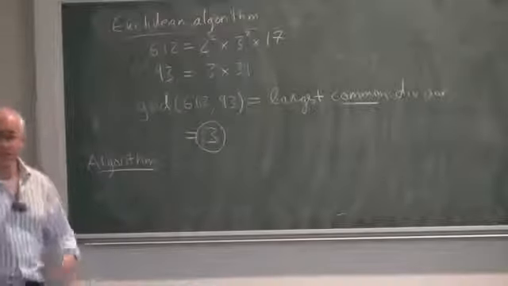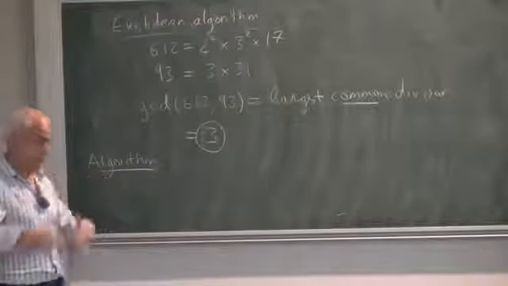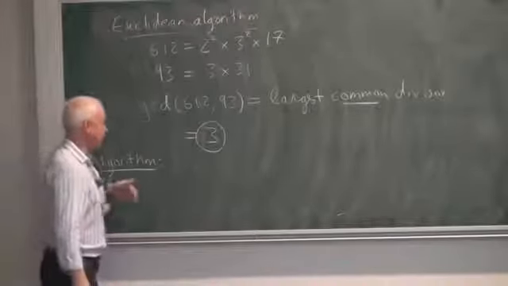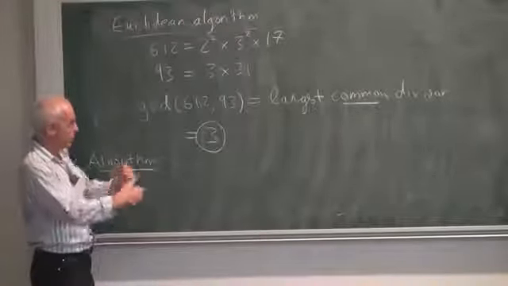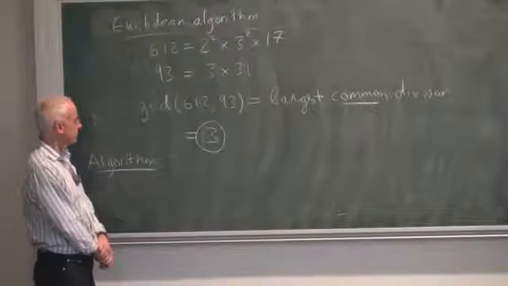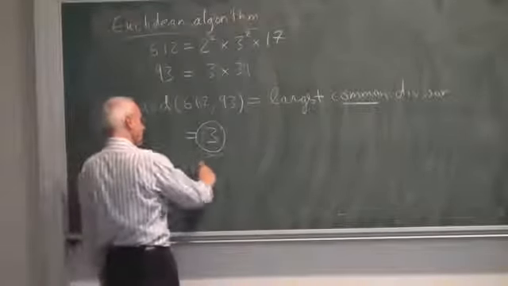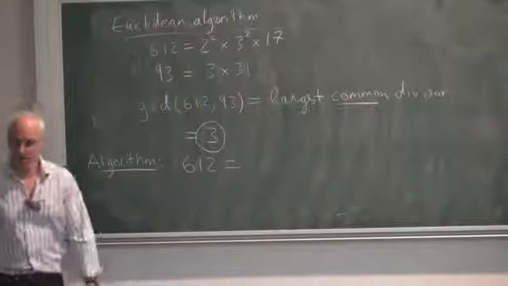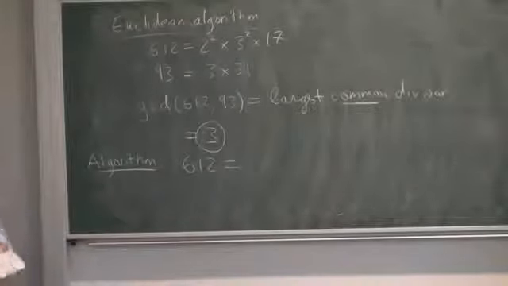So it's one of the first cases of an algorithm, of a sequential step that actually accomplishes something in a very logical, systematic way. We take the biggest number and we divide it by the smaller number. So you divide it and you're going to get a remainder.